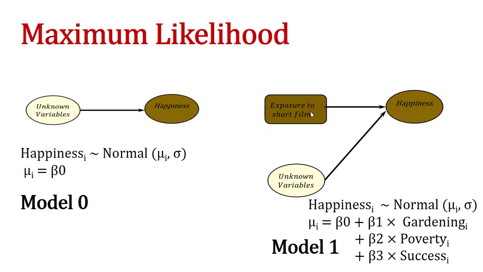So with model 1 we try to make a better prediction, and we are using the variable exposure to short films. Now, we've seen in previous videos that we use a linear model, but in previous videos we used numerical variables instead of a nominal variable. So here the predictor variable, or the independent variable, is nominal.